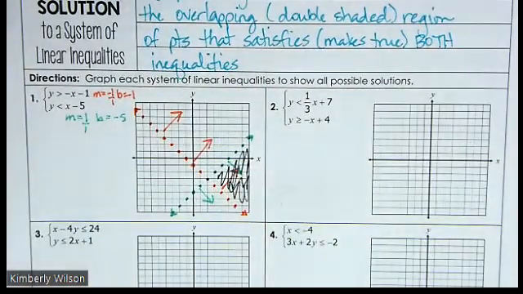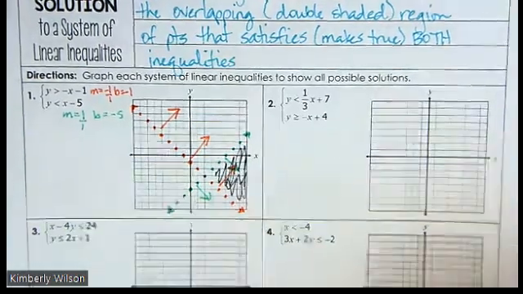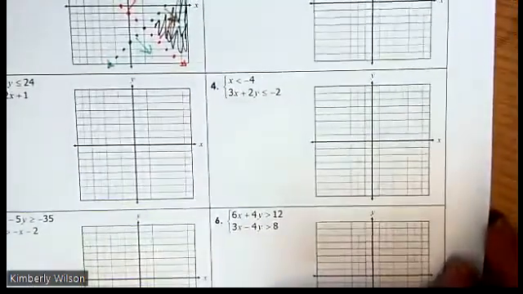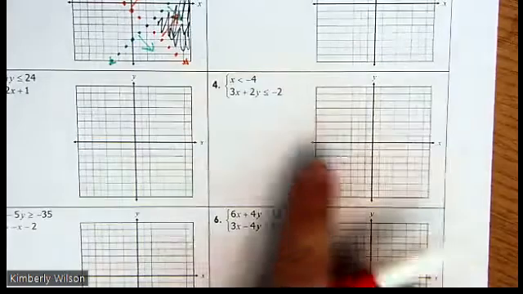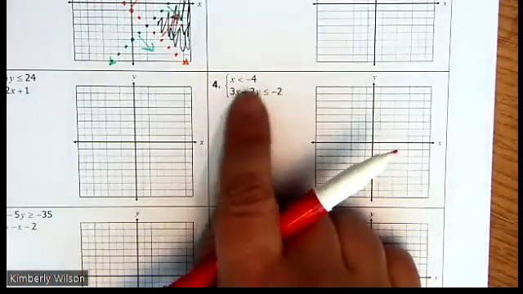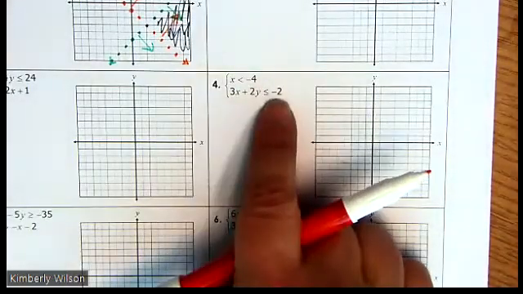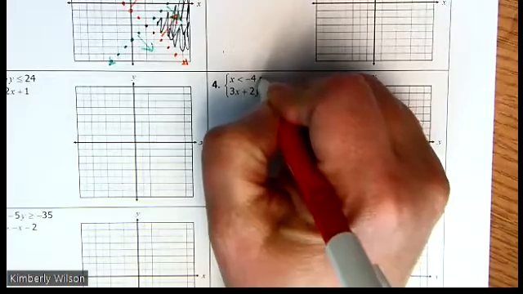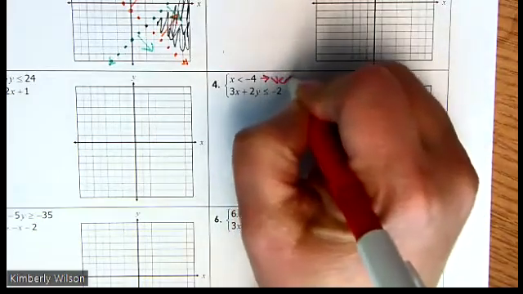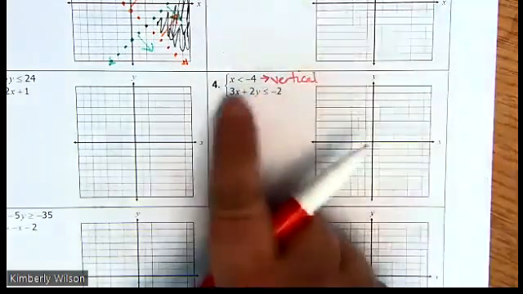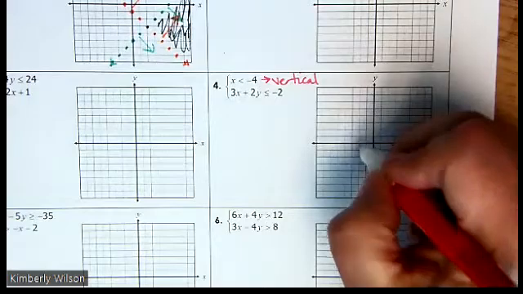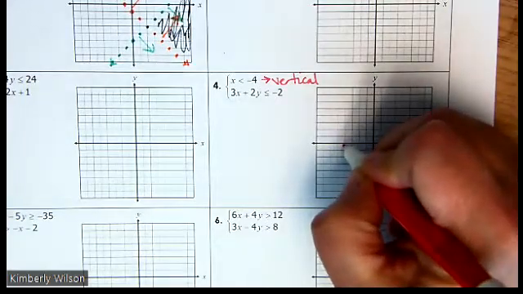All right, let's practice another one. Number 4. What they changed about number 4 is one of them is a vertical line, and the other one is not in slope-intercept form yet. Right away, this is vertical because it's x equals, so it's going to cross the x-axis at -4.